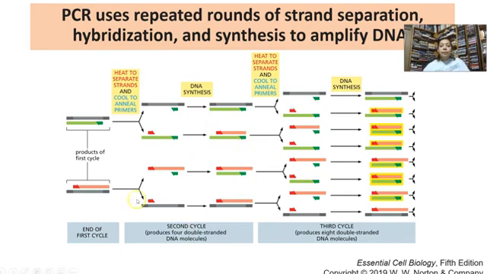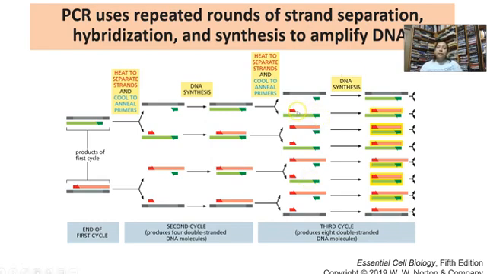And then when you continue it another time, a third time, in that third cycle, you finally produce your actual DNA fragments with the correct length on both sides. So now you are going to end up with 8 total molecules, out of which you will have several that are the correct size and the correct sequence.